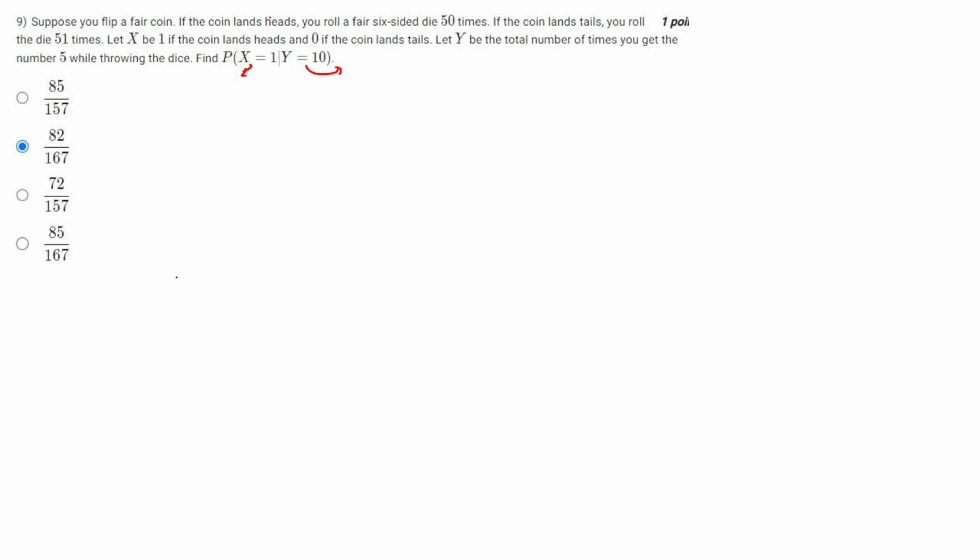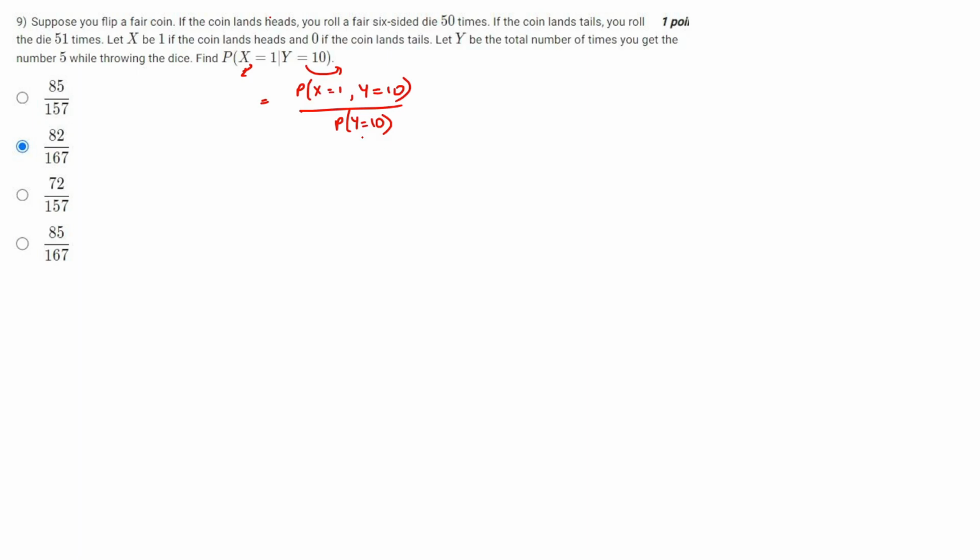Okay, so how to do this? If we write this in the form that we know, it is P of X equal to 1 comma Y equal to 10 whole divided by P of Y equal to 10.